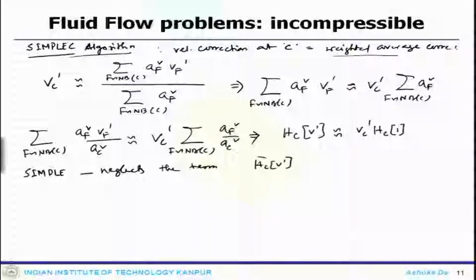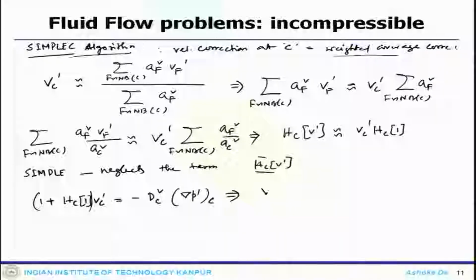So, in this particular case this term is replaced by an equation which can be corrected as 1 plus H_C 1 V_C prime equals minus D_C V delta P prime C, which will lead to V_C prime equals minus D_C V delta P prime C.